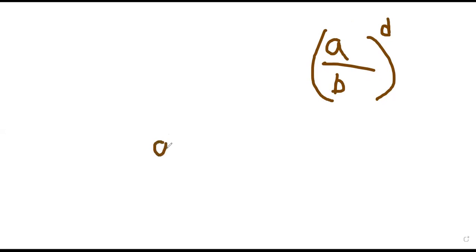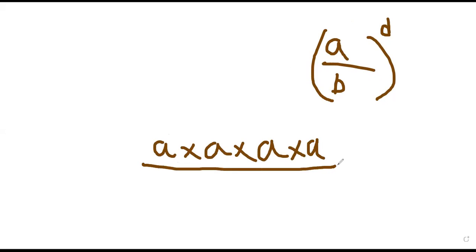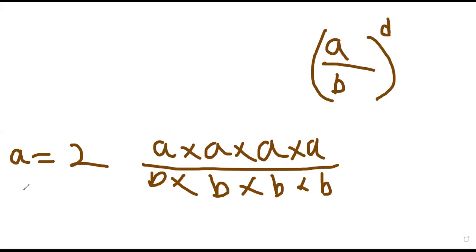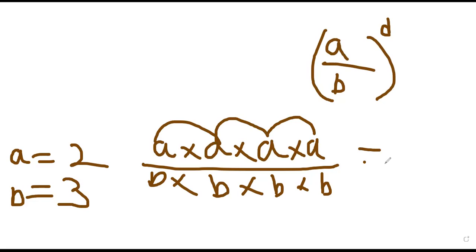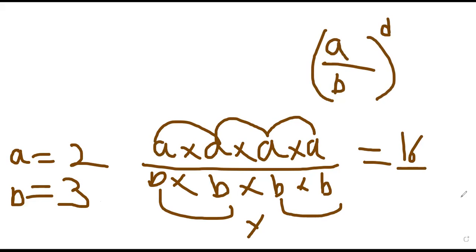Here it will be a into a into a into a upon b into b into b into b. If a's value is 2 and b's value is 3, what you will do is 2 to the 4, 4 to the 8, 8 to the 16, which is equal to 16 by 3 3s are 9, 3 3s are 9, 9 9s are 81.